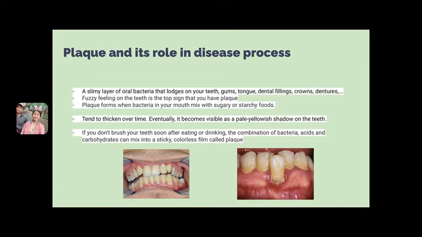Plaque forms when the bacteria in the mouth mix with the sugar and starch from foods. If you don't brush your teeth soon after eating or drinking, the combination of bacteria, acids, and carbohydrates can mix into a sticky colorless film called plaque, which tends to thicken over time and eventually becomes visible as a pale yellowish shadow on the teeth.